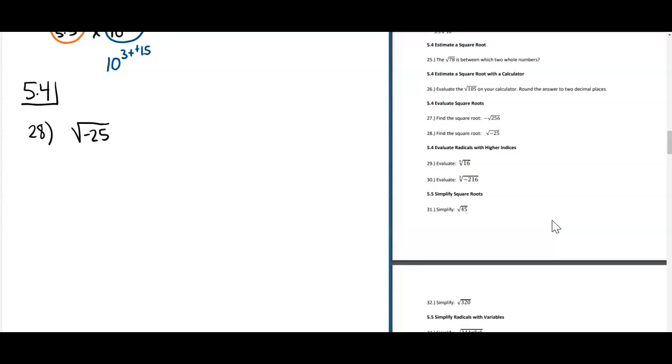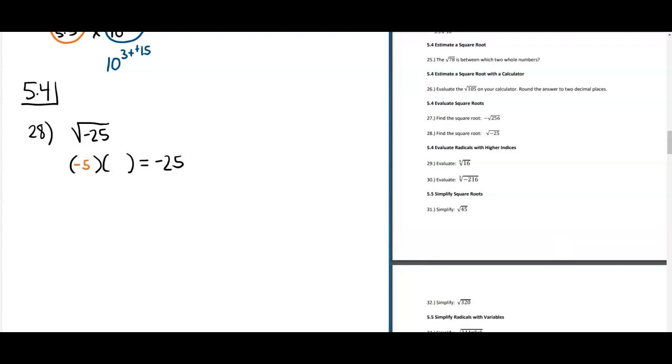And so really what this is asking us to do is saying find a number multiplied by itself that would equal negative 25. Right, so what number times itself would give us a negative 25? And so if you think of some options here, some people are like, oh, I think maybe it's negative 5.